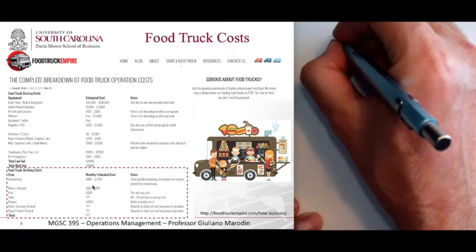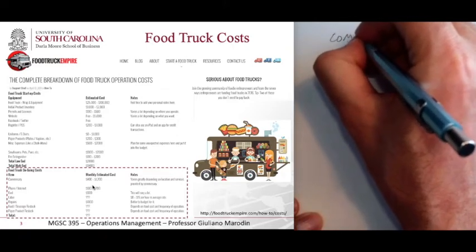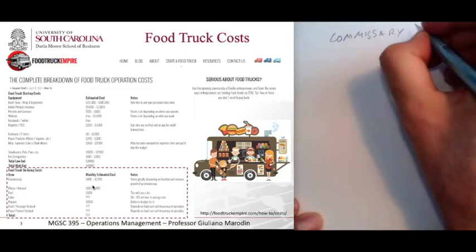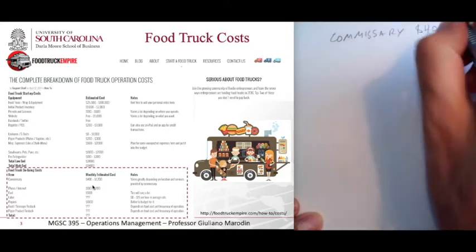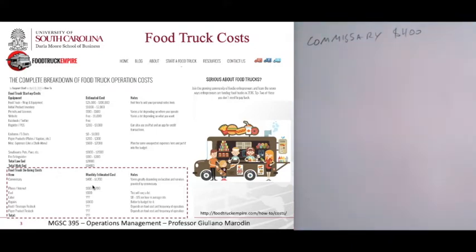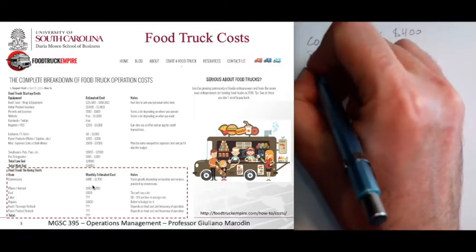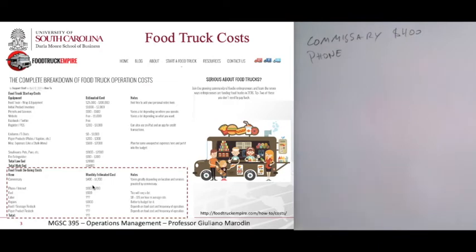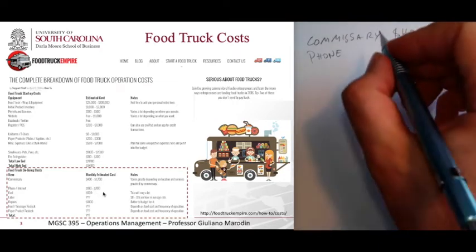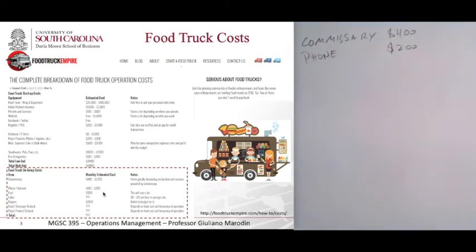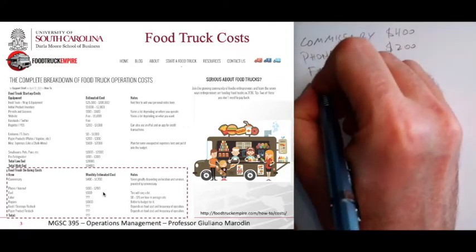So the commissary is going to be $400. We have phone or internet. Phone says it ranges from $100 to $200. Let's say $200, because we want the best internet speed ever. Fuel will be $500.